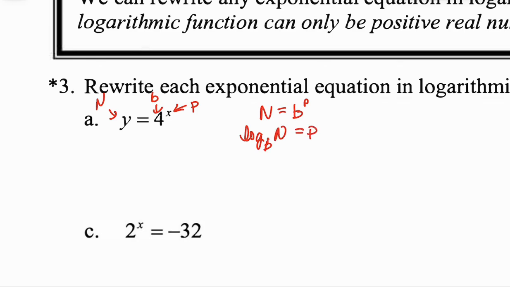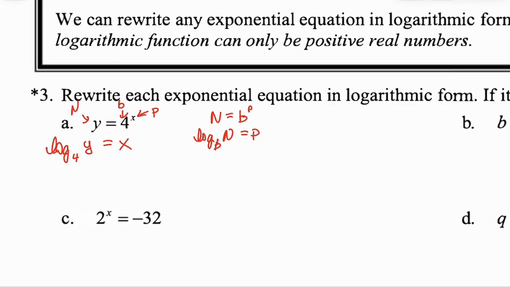So you have to know how to switch it. If there's a 4 base on the right side, we're going to put a logarithm on the left side. So it's the log base 4 of our number equals our power. That's all they want: the log base 4 of that number equals the power, x. And that's as far as they want. They just want us to switch it.